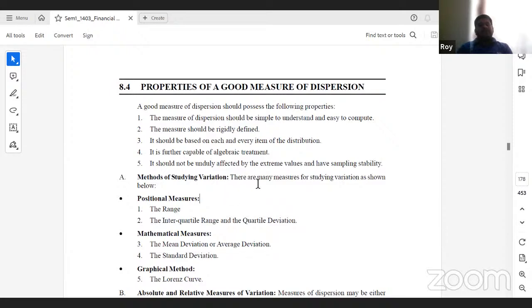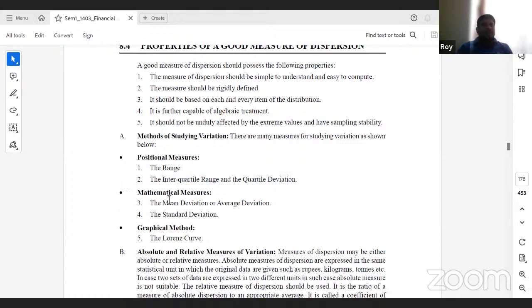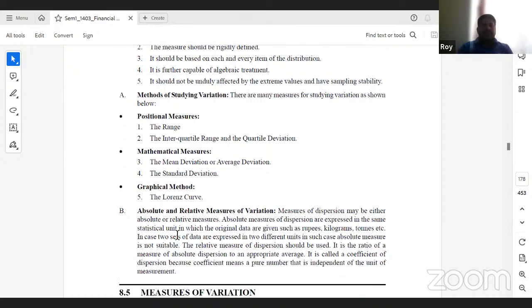There are many measures for studying variation as shown below. One is positional measures: the range, the interquartile range and the quartile deviation. Mathematical measures are the mean deviation or average deviation and the standard deviation. This is very important. The graphical method is the Lorenz curve. This is one of the methods they will use. And then absolute and relative measures of variation.